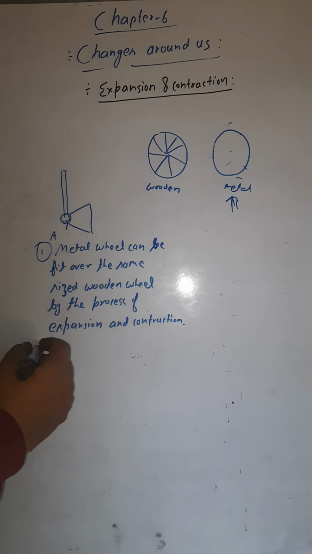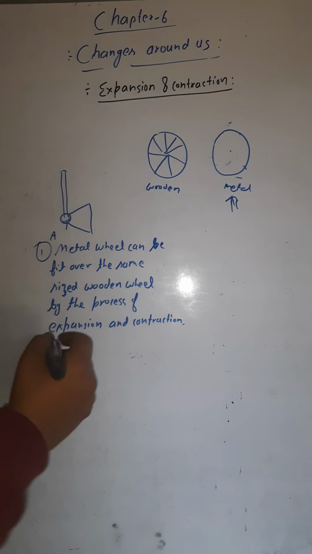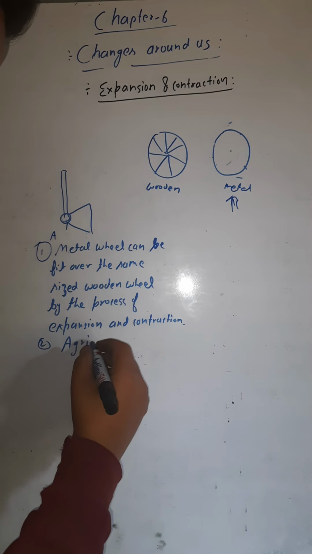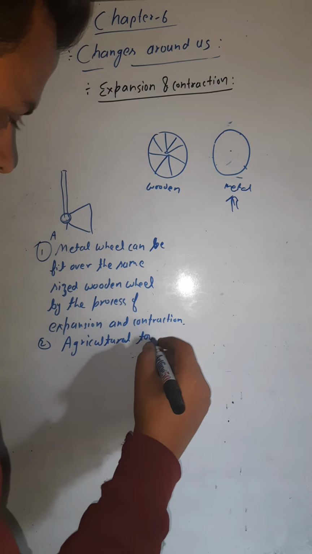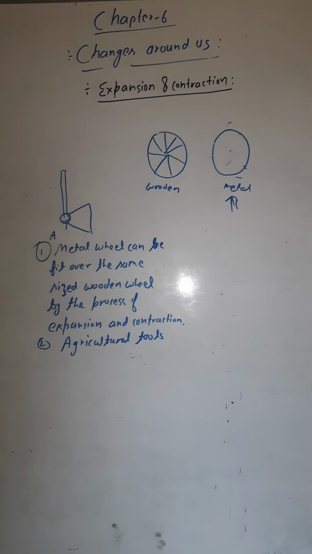And the second example will be the agricultural tools. Here also we are using the process of expansion and contraction.